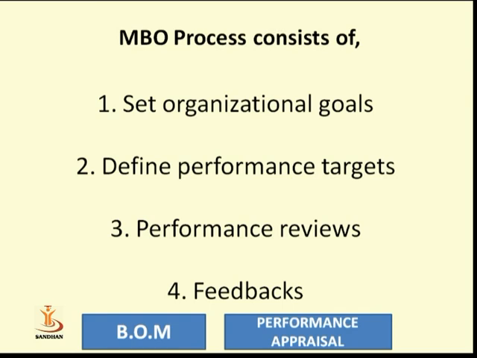Basically, MBO consists of 4 steps: setting organizational goals, defining performance targets, performance review, and feedback. These are the 4 steps developed by Peter Drucker in his management by objectives in 1954.